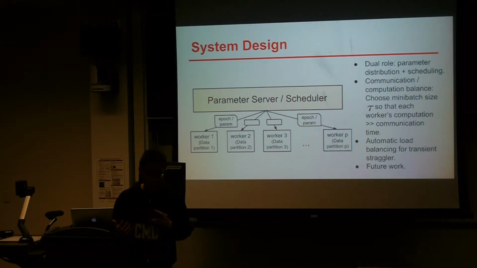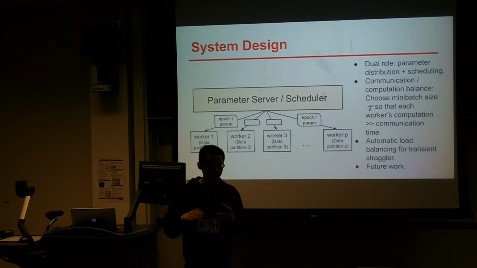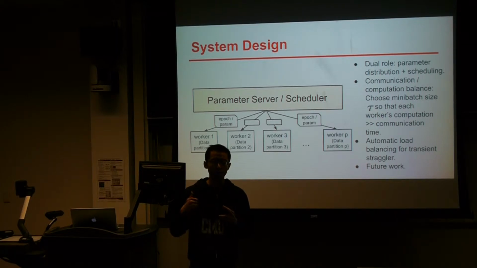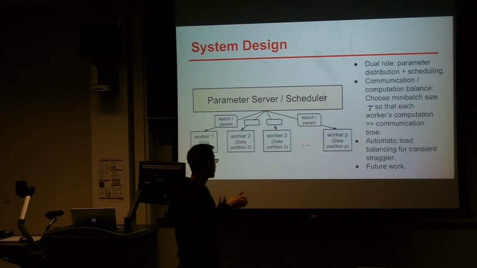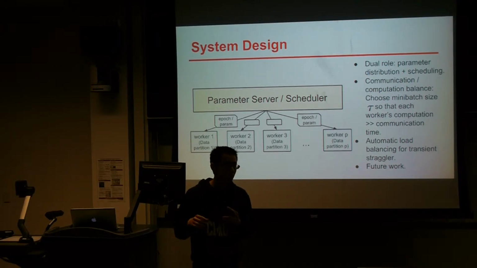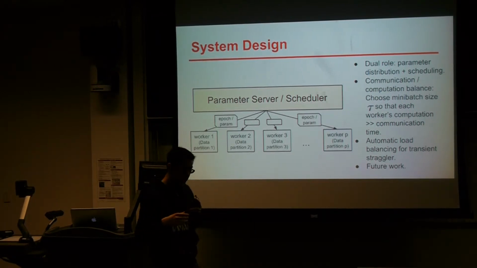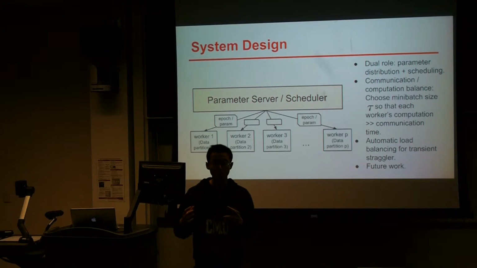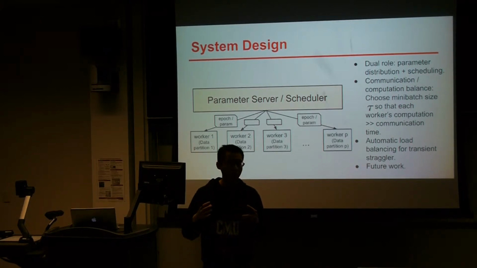One thing you notice is that for this to work, you have to distribute both the data and the parameters, and then also do some scheduling at a central place. You might have heard of the traditional parameter server, which is just a distributed shared memory abstraction.